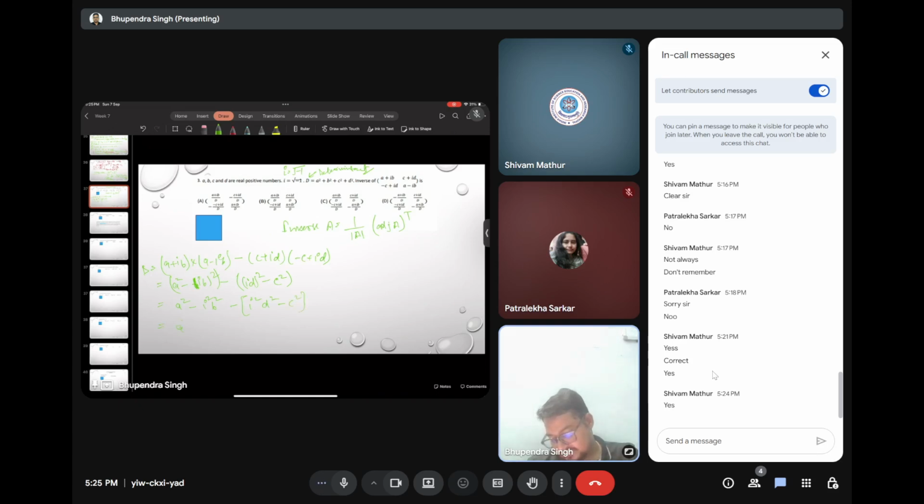Since i equals root over minus 1, i square will be minus 1. So it gives A square plus B square plus D square plus C square, because I am now opening the bracket.